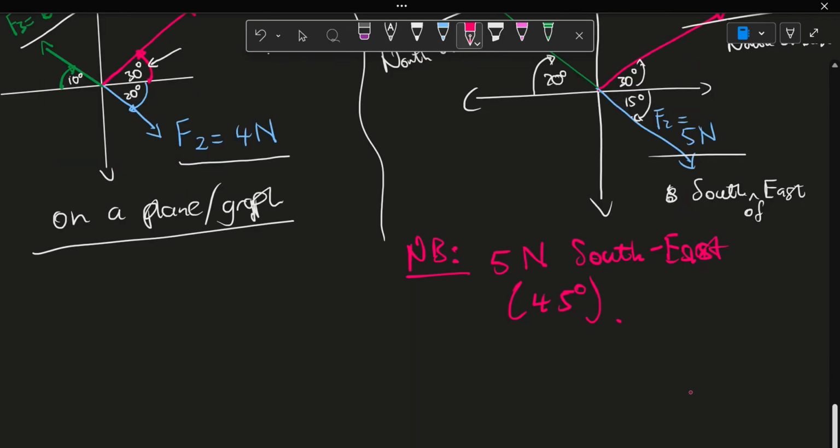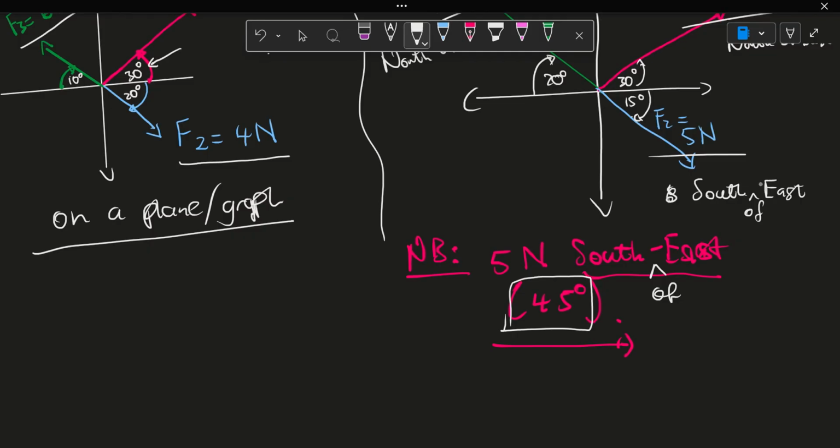That is the only time I am allowed to say southeast. If I have any other angle that is not 45 degrees, this will not apply. So instead of writing southeast, I'd write south of east if my angle is not 45 degrees. That is a very important point.